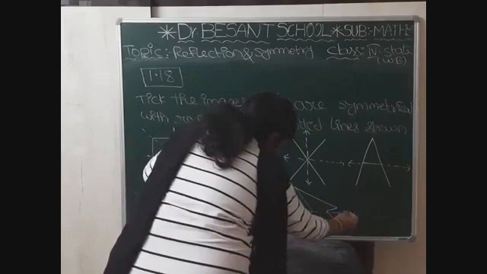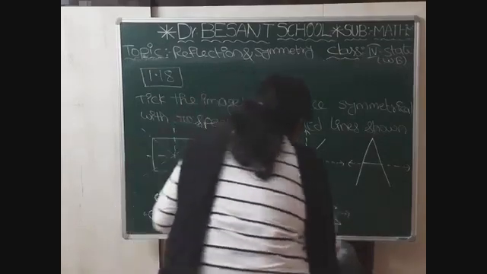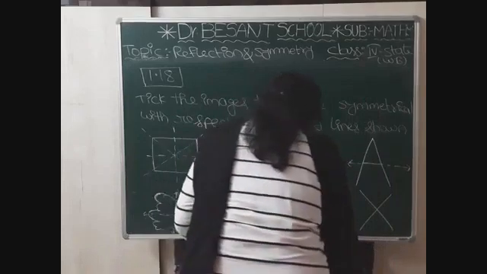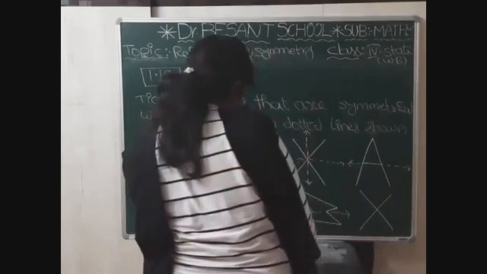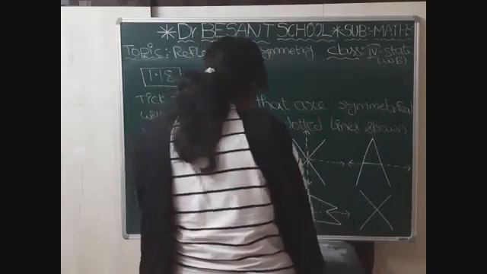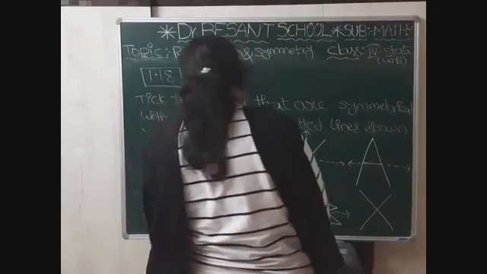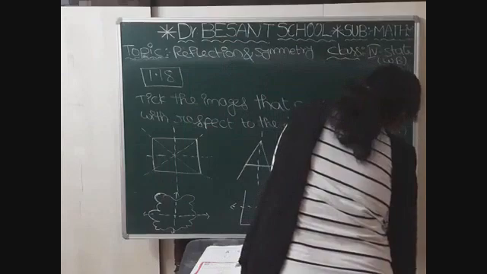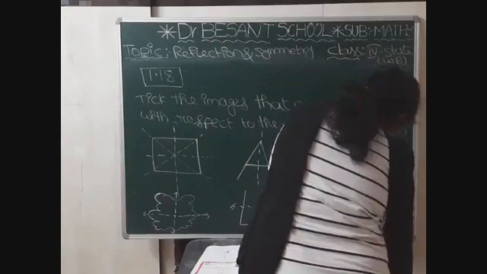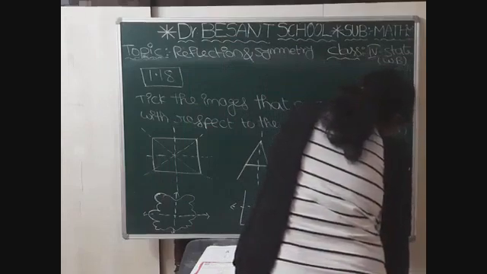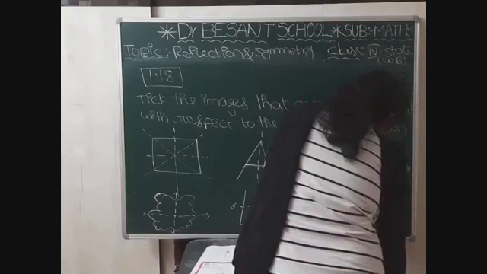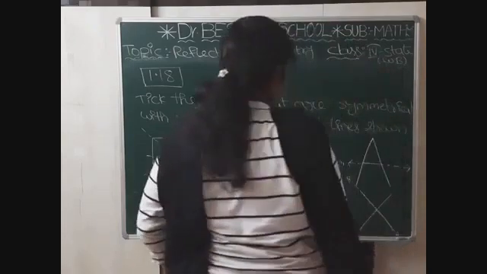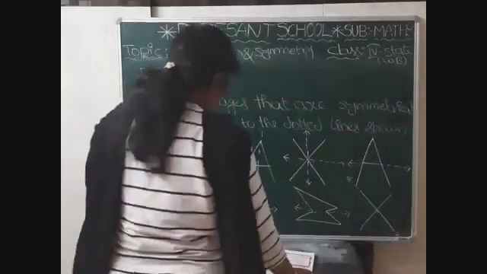Horizontal line of symmetry is given. Next one, X. X is given for you. And slant line of symmetry is given.